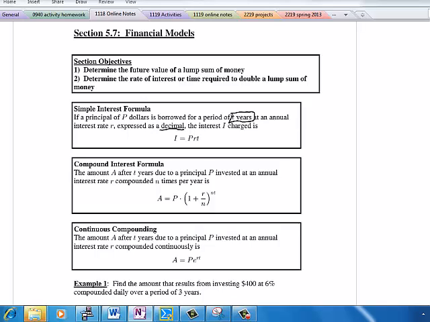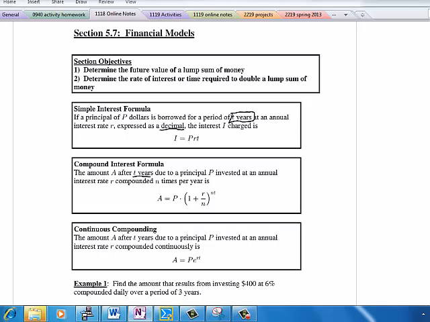Next, we have the compound interest formula, and this is what we would use for interest that's compounded monthly or daily or quarterly. It says the amount after T years due to a principal P invested at an annual interest rate R compounded N times per year is A, the amount, equals the principal times the quantity 1 plus the rate divided by the number of compoundings, raised to the number of compoundings times the number of years.